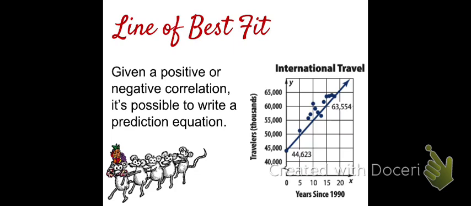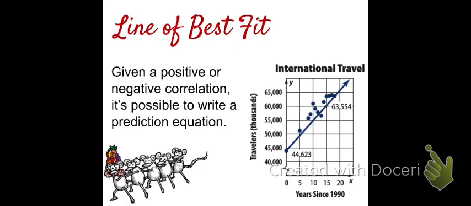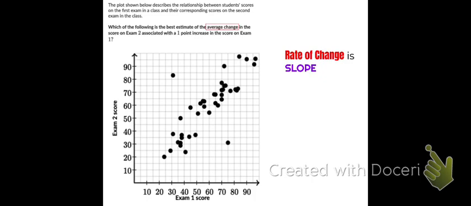So let's take a look at a couple of questions from Khan Academy that I'm going to ask you to do. First, we are asked to find the slope, the rate of change of the line of best fit. This plot shows the relationship between student scores on their first exam and their corresponding scores on their second exam. Again, each point represents a piece of data.